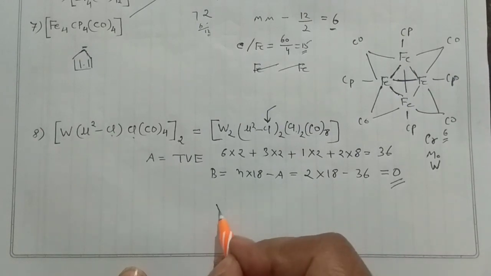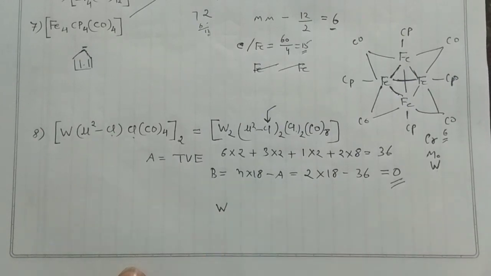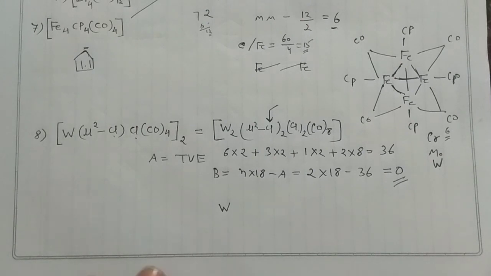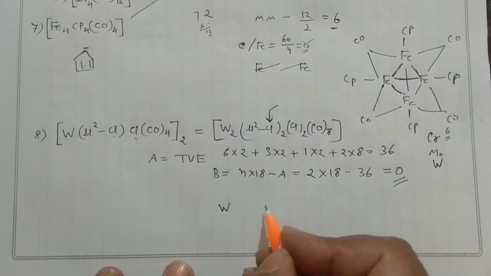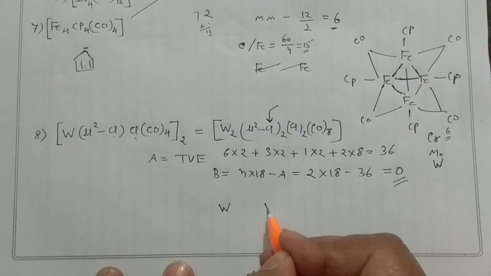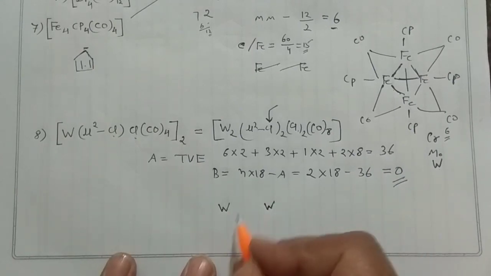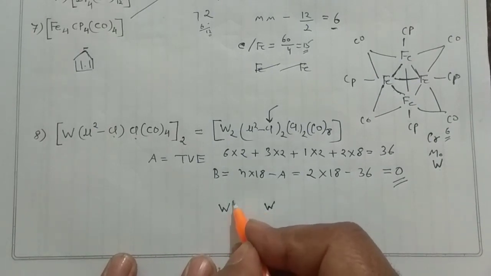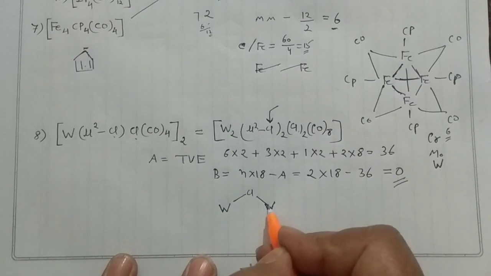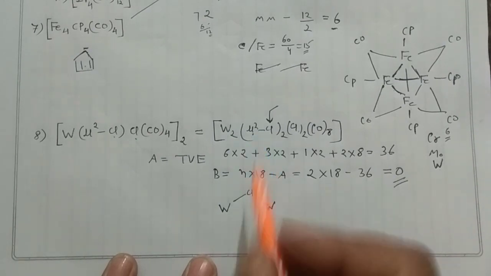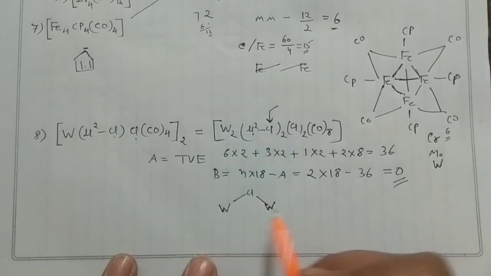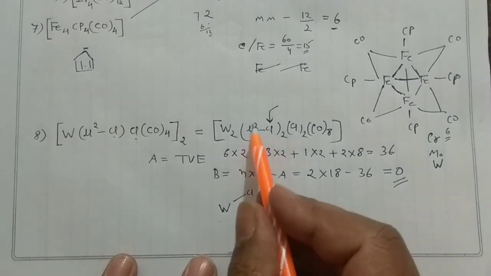So how can you write the structure for this one then? See, this is the tungsten, W. And then you are having again W, but there would be no linkage in between the two. But you will have one chlorine here because it is given in the question. This chlorine is connecting the two tungstens, right?